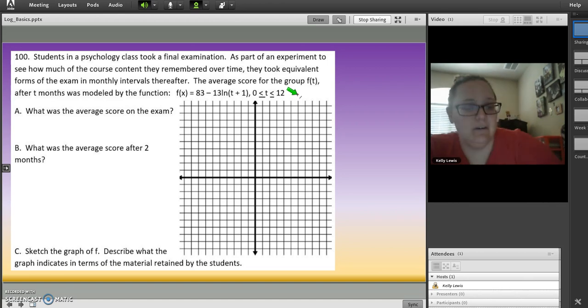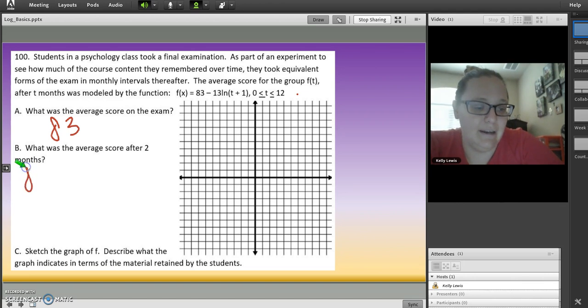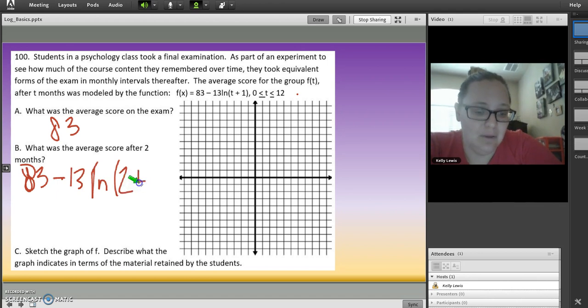Well, the average score is 83, and then after that, each month it goes down. So what was the average score after 2 months? We're going to do 83 minus 13 ln of 2 plus 1.